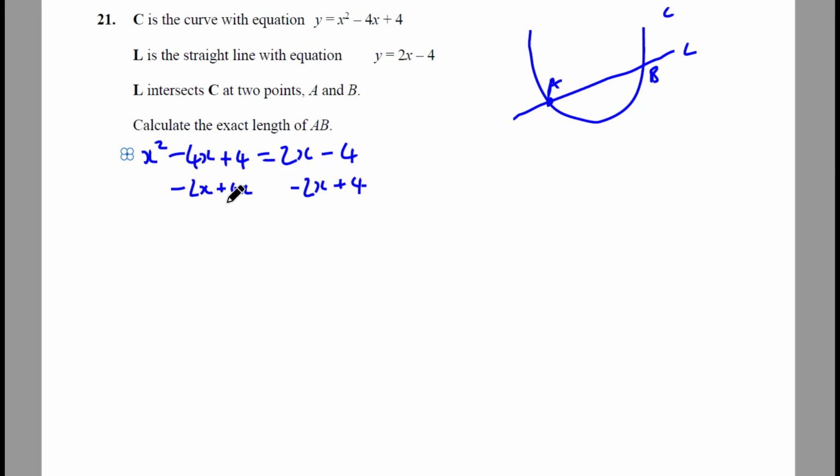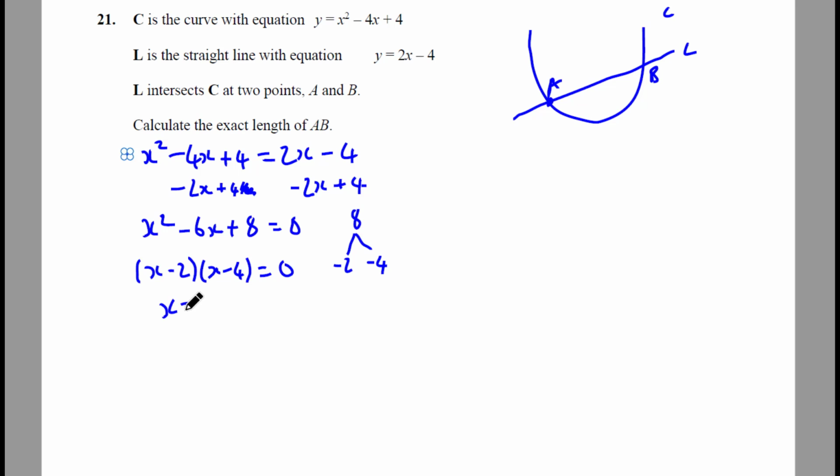I'm just doing this because I could run out of space for this question. So we get x squared minus 6x plus 8 equals 0. We factorise, factors of 8 to make minus 6. That's got to be minus 2 and minus 4. So x equals 2, x equals 4. That is step 1.